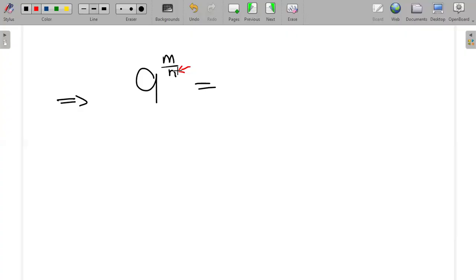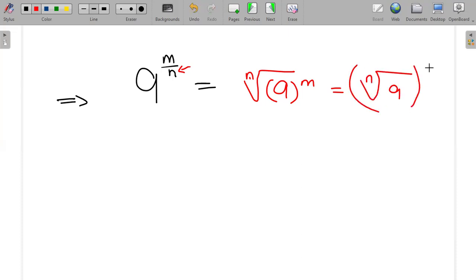So here, this is the same as the nth root. Okay, so you can see I've put n there, and then here I'll put a to the power m. This here you can also write as the nth root, and then to the power m like this.